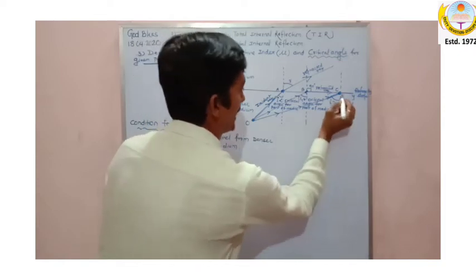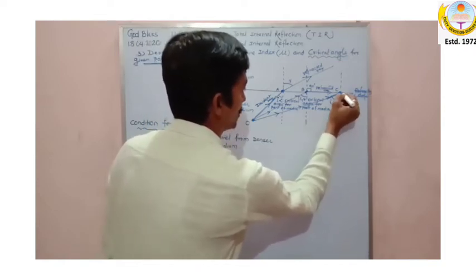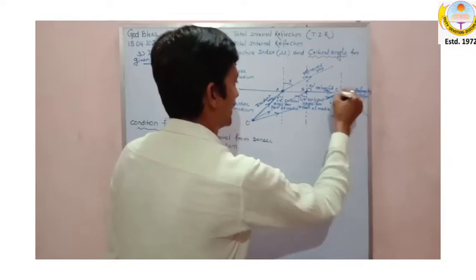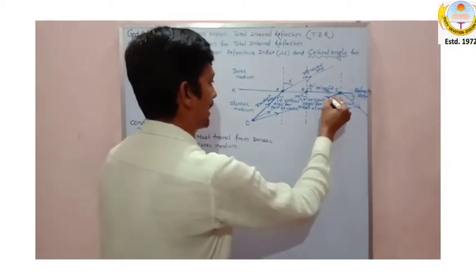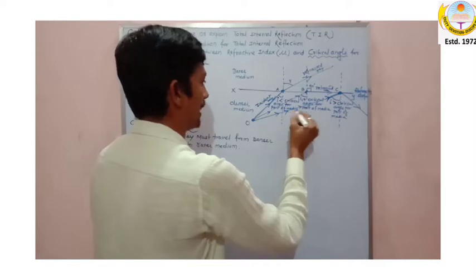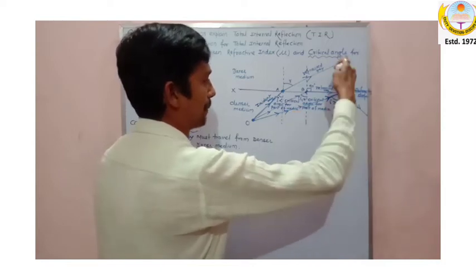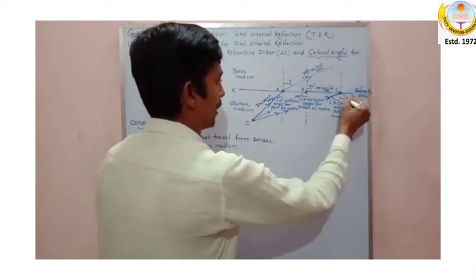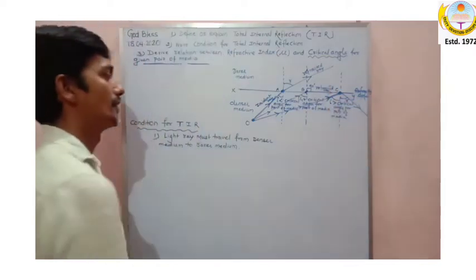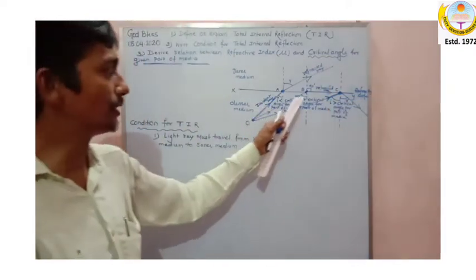And this time the ray here is totally internally reflected back, and here it makes an angle of reflection. Look at the diagram: 1, 2 and 3.